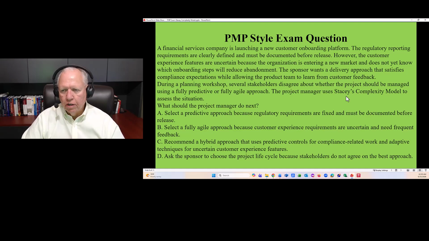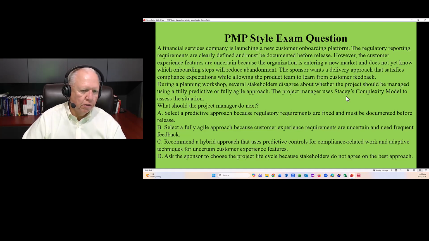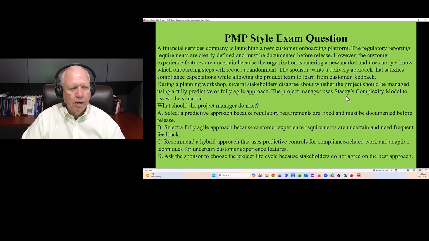The sponsor wants a delivery approach that satisfies compliance expectations while allowing the product team to learn from customer feedback. During a planning workshop, several stakeholders disagree about whether the project should be managed using a fully predictive or fully agile approach. The project manager uses Stacey's complexity model to assess the situation. What should the project manager do next?